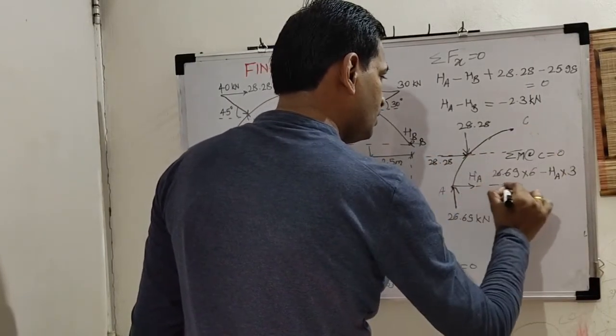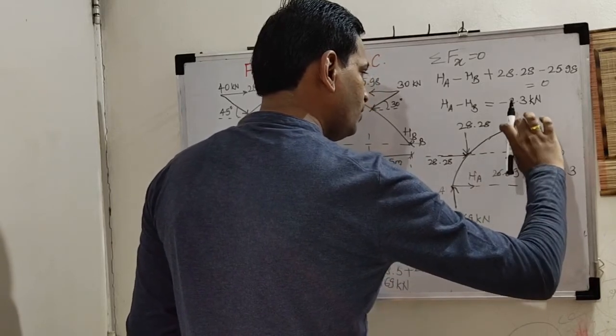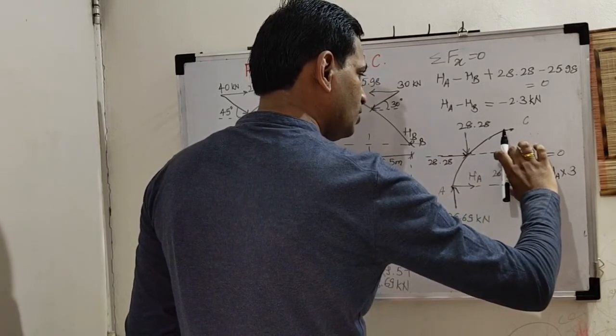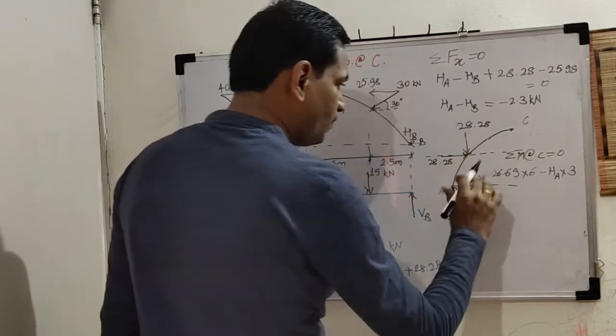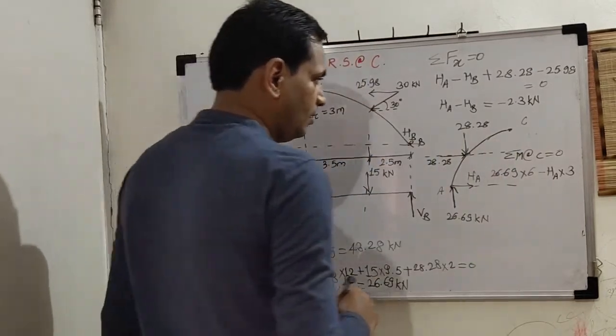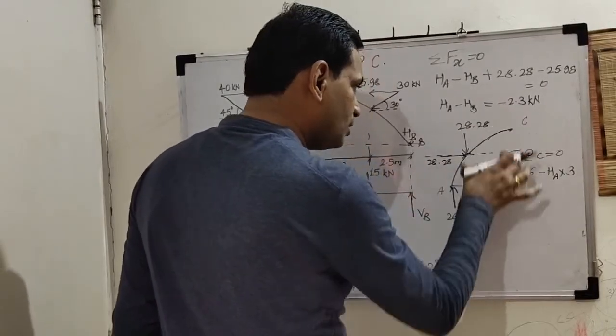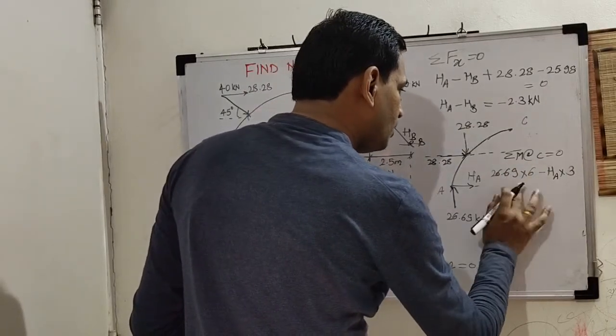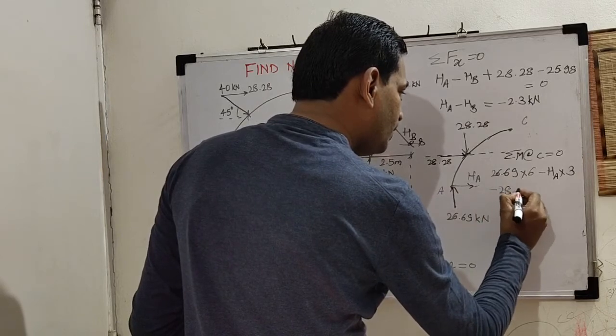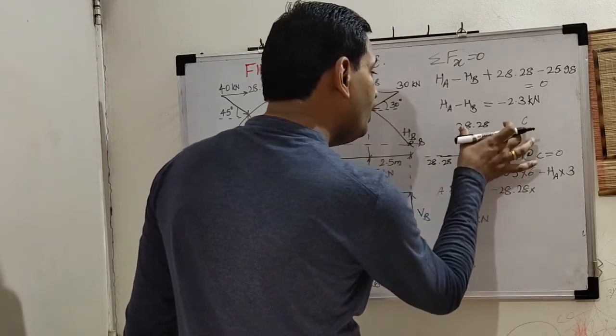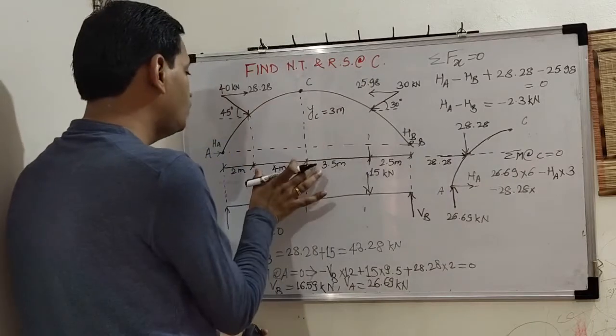This total is 3. From this we have to subtract this. So we need the y ordinate for this. And this 28.28 into this horizontal distance. So we will write now here minus 28.28. This is for the vertical component, 28.28 into 4.